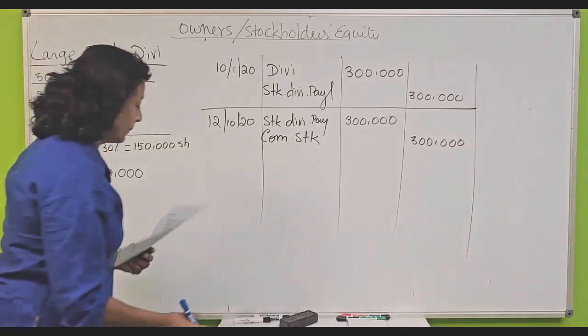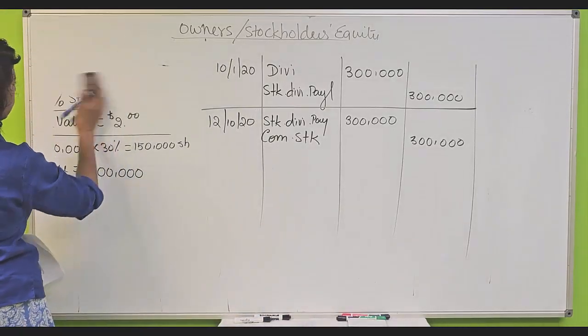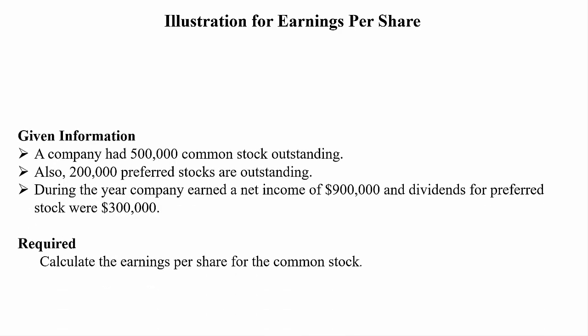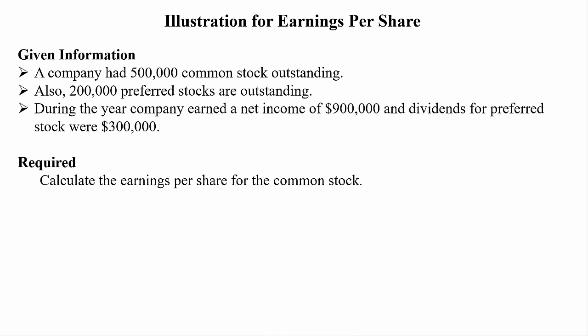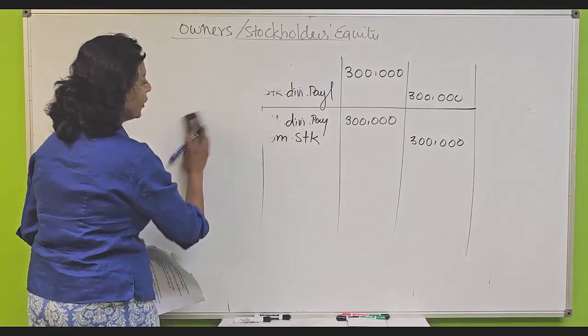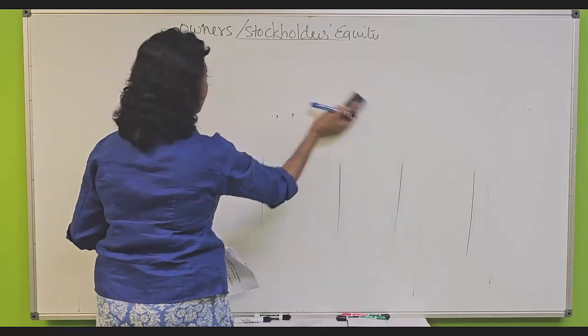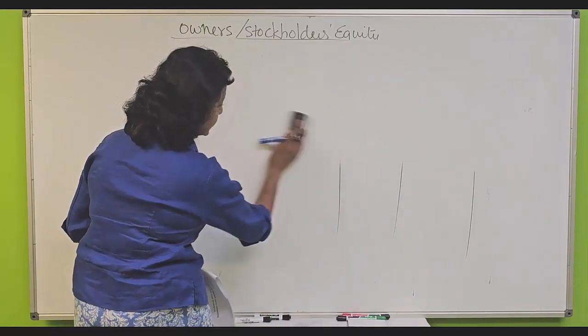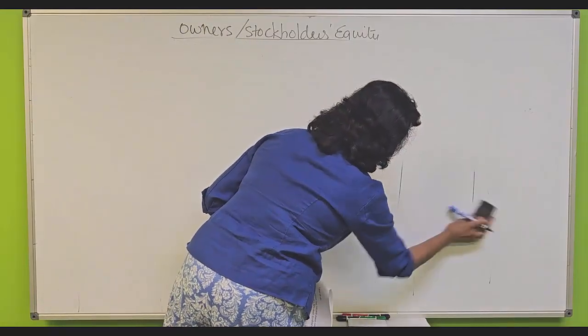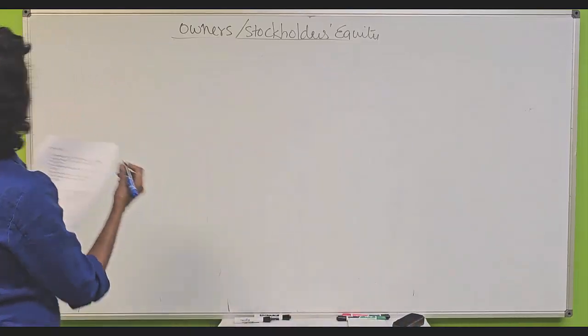Now, the last example is calculating the earnings per share. So the earnings per share is calculated only for the common stockholders. It is not calculated for the preferred stockholders. So here, the earnings per share for a period is calculated.